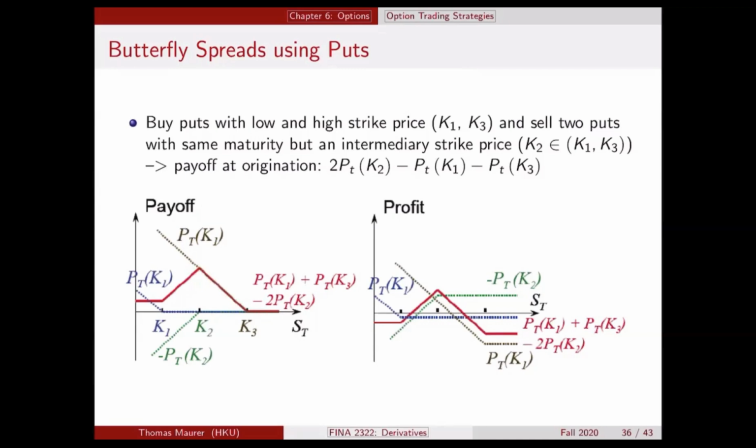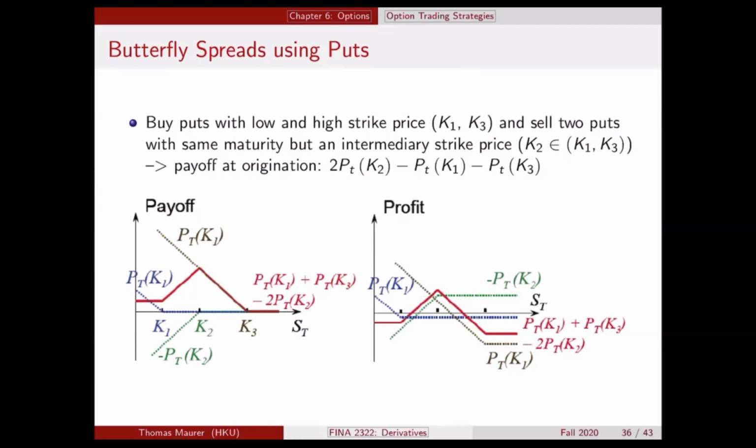Now, once the price of the underlying drops below K2, you still keep gaining from that first put option, but now you lose twice from these put options which you short sell, which reverses your payoff to a decreasing 45-degree line down to a level K1. If the price of the underlying decreases below K1, now you twice earn from put options which have an increasing payoff at a 45-degree line, and you lose twice from put options that is a decreasing 45-degree line, and it cancels out back to a horizontal line.